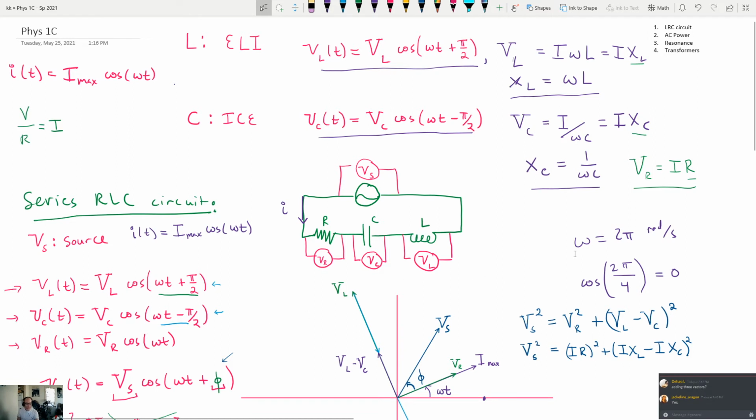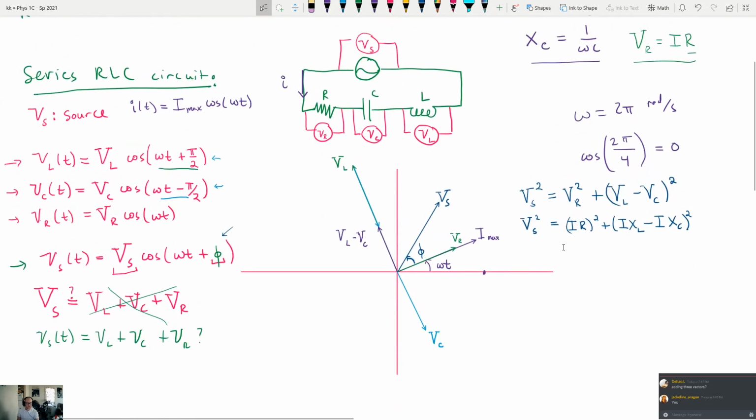Now I'll scroll back down. The next thing we can do is notice that there's an I in every one of these terms, so we can factor that out. So we end up getting V sub s is equal to, I'm going to write it like this, I times the square root of R squared plus (XL minus XC) squared.